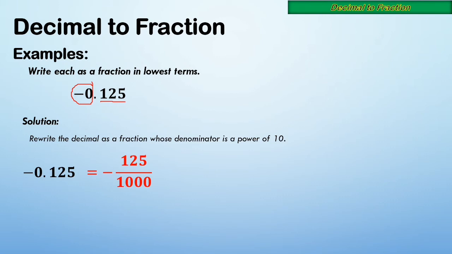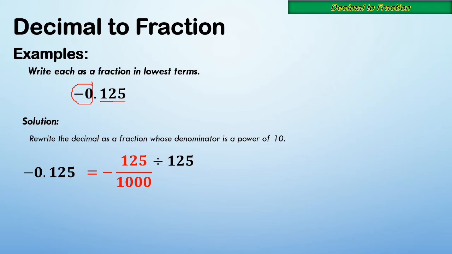Okay, next, the lowest term. Ano yung greatest common factor ng 125 at saka 1,000? Alam dapat natin yan. How to find the greatest common factor? Okay, the greatest common factor is 125.